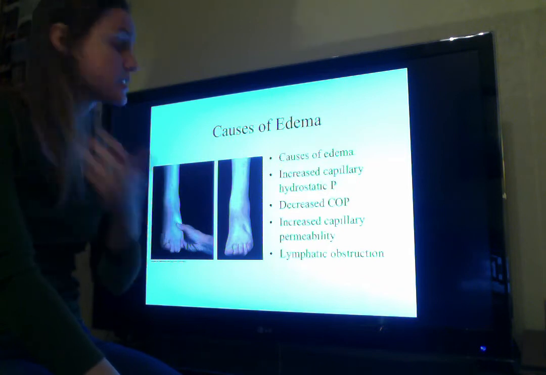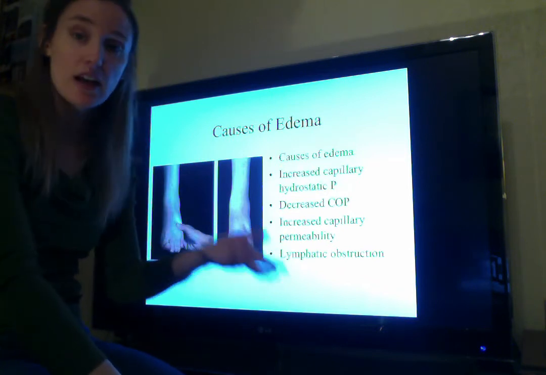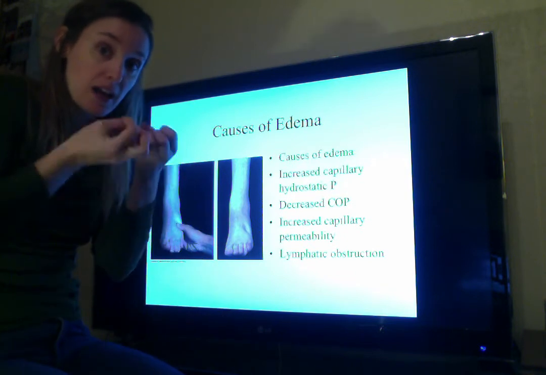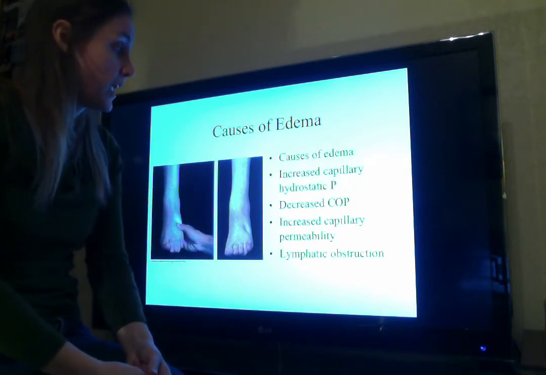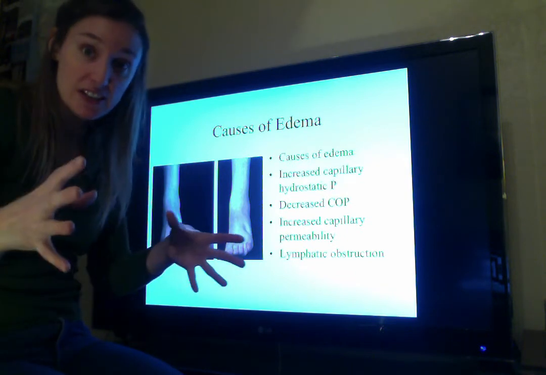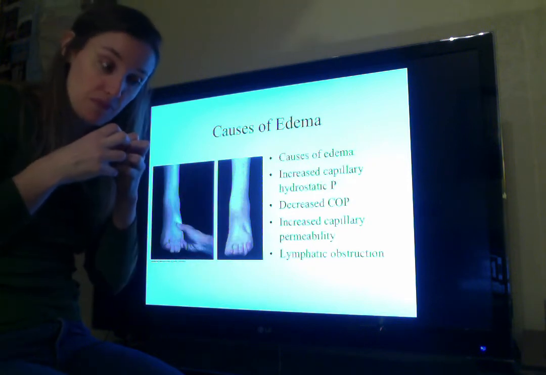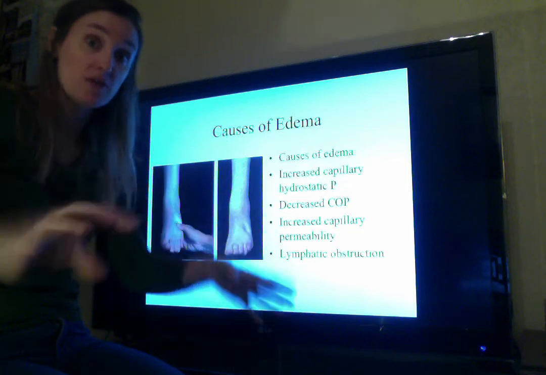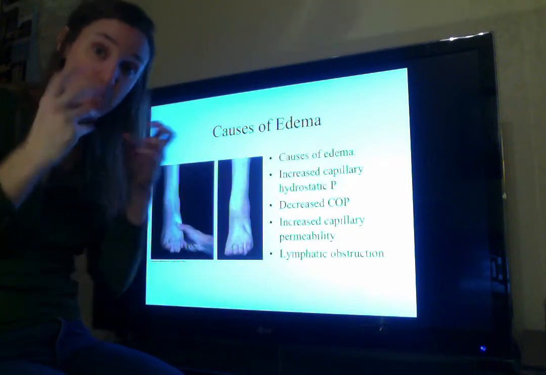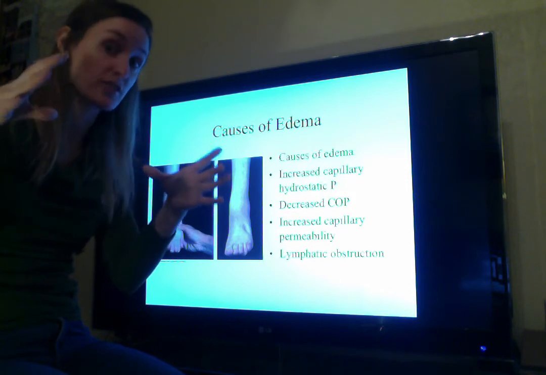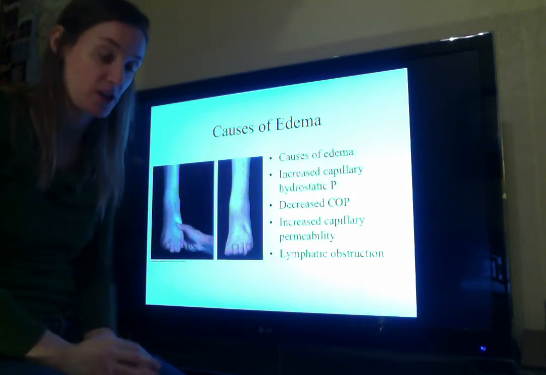Decreased colloid oncotic pressure: if we're missing albumin, we're not pulling anything back in on the venous side. An increase in capillary permeability will really increase the amount of fluid coming out. You don't need as high of pressure for fluid to come out if those capillary pores are much larger.